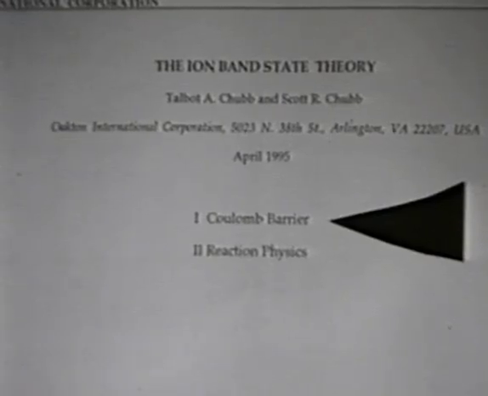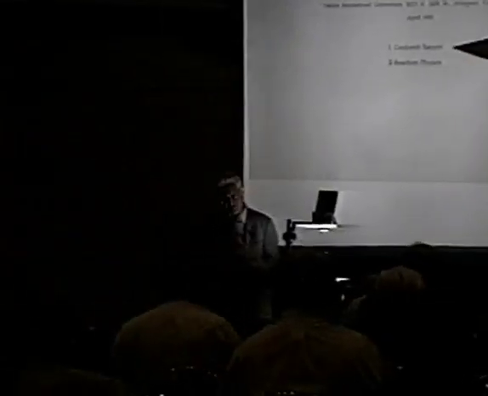I want to show you that electrochemically it's possible to occupy band states with the kind of long electrolysis that Fleischmann and Pons used. I want to show that being in a band state makes a fundamental difference in how an ion behaves. I want to show you how the Coulomb barrier is expressed in confined particle systems.